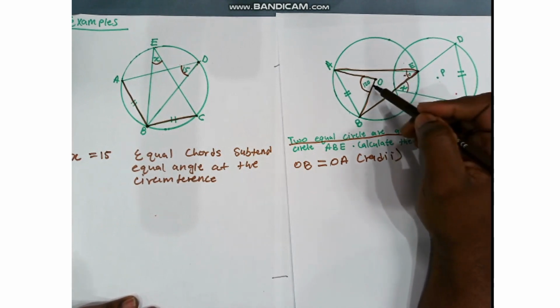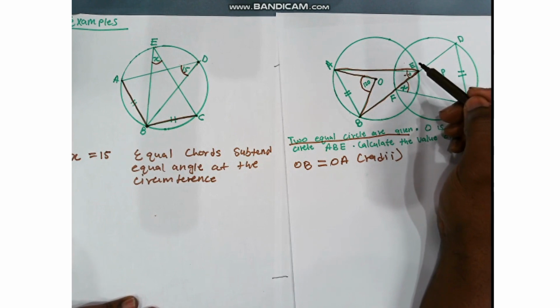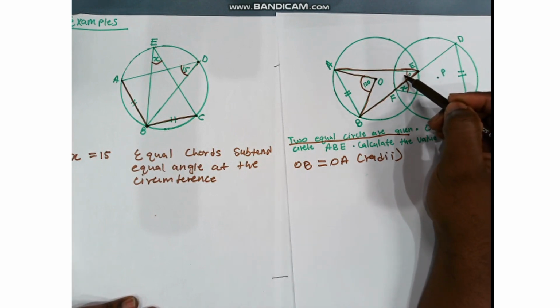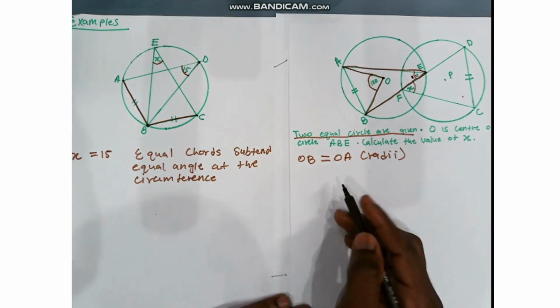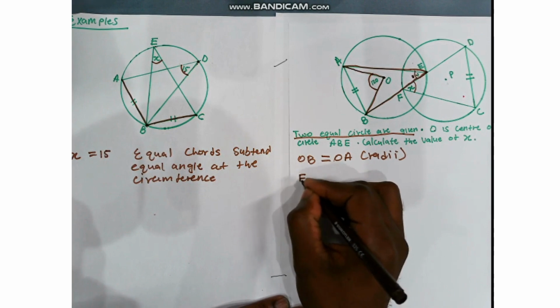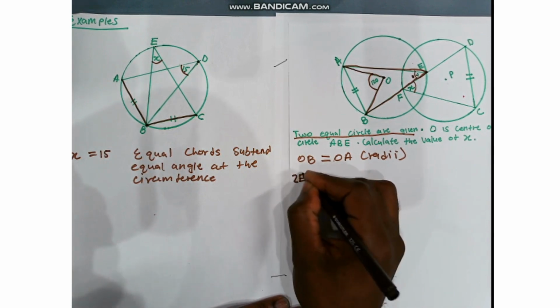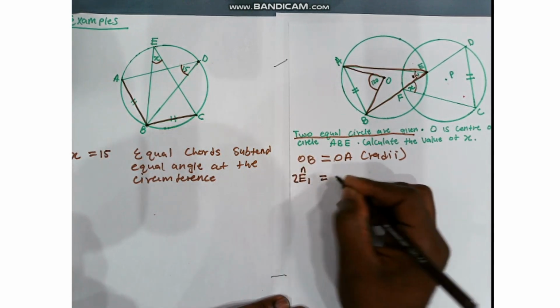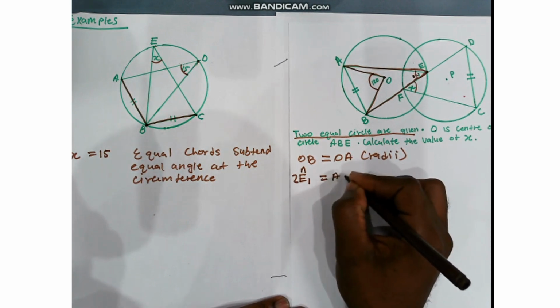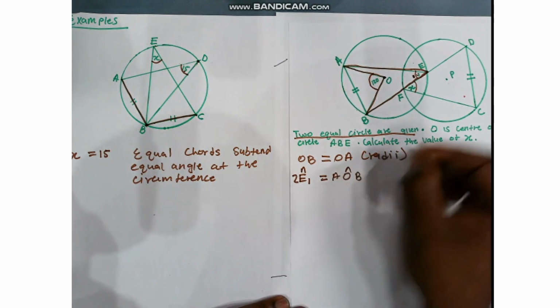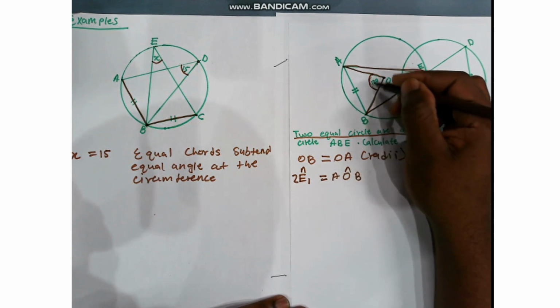Angle at the center is equal to twice the angle at the circumference. I hope you do understand that one. So E1 times 2 will be equal to angle AOB, which is this one, AOB.